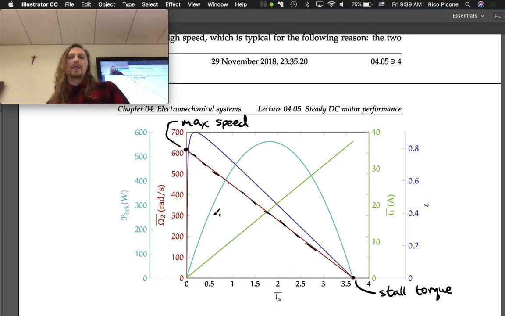Then the next one that we'll look at is the current, I1, so that's the green one here, the other linear one. And that one does exactly the opposite. It increases with the torque. So as you increase the brake torque, and remember, this is not dynamic, this is in steady state, you increase the brake torque, and then you wait until the system settles into the next position.